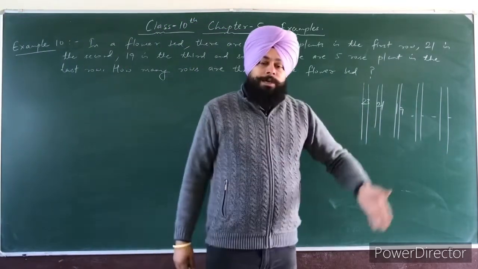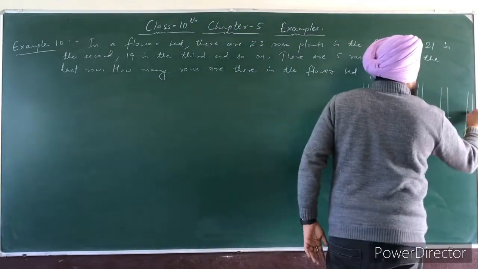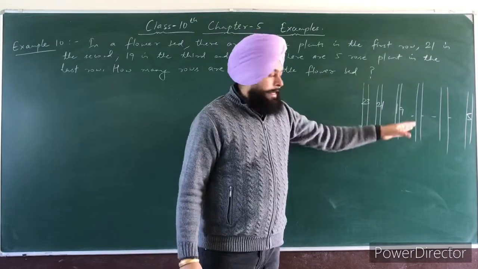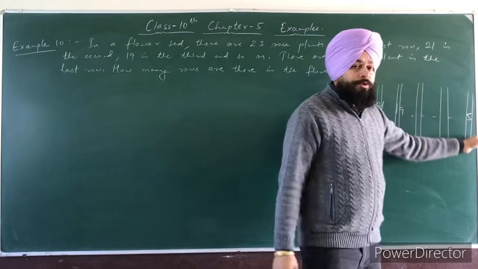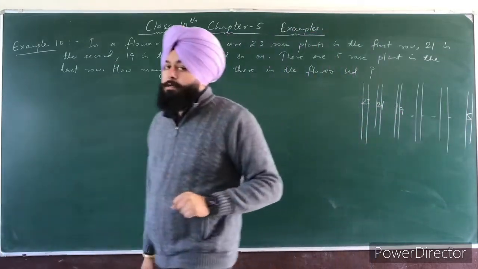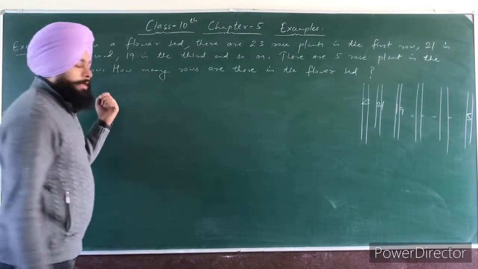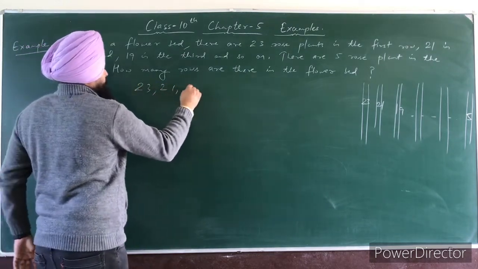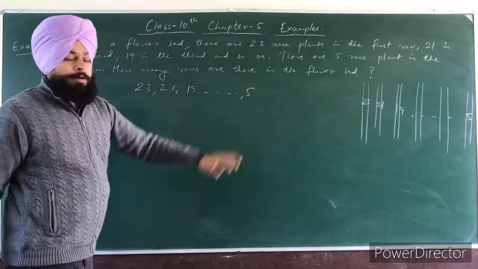मतलब जो last row है उसमें 5 plants हैं. How many plants? 5 plants. Clear students? In the first row there are 23 plants. Second one there are 21. In the third row there are 19 plants and in the last row there are only 5 plants. So first write these numbers in the given series 23, 21, 19 and in the last row there are only 5 plants.